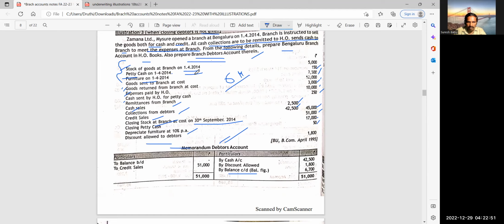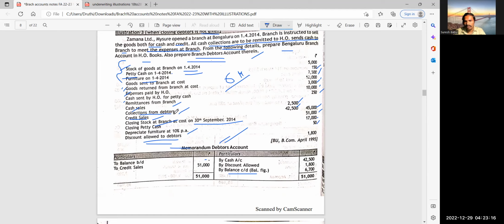Correct? Now see, what is missing? Opening debtors is missing. It is not known. But here, credit sales is given, discount allowed to debtors is given, and collections from debtors is given.